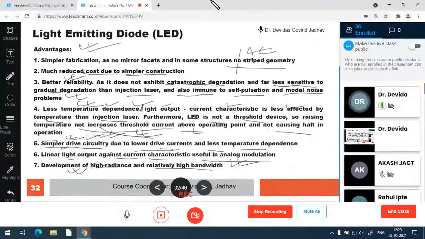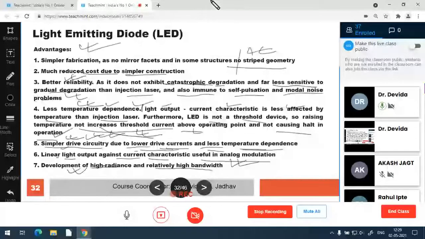The LED operates at very low voltage and starts giving light at very low input, so very simple circuitry is required. What is the circuitry? Only the biasing voltage, and if required, one resistor for current limiting. So simpler drive circuitry is due to lower drive currents and less temperature dependence.